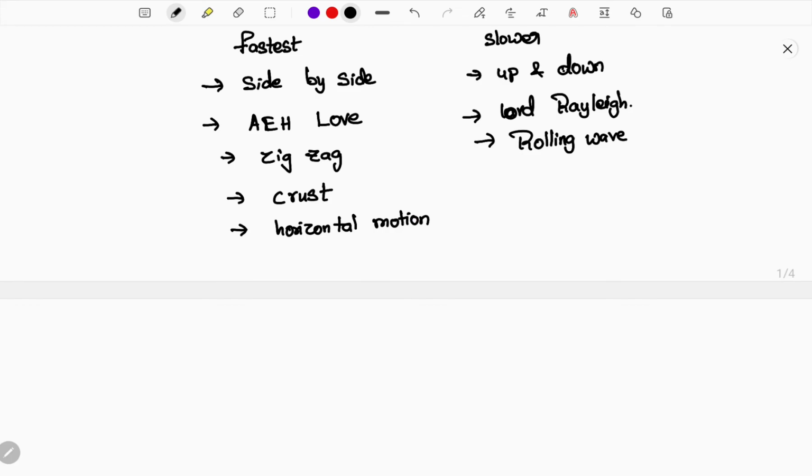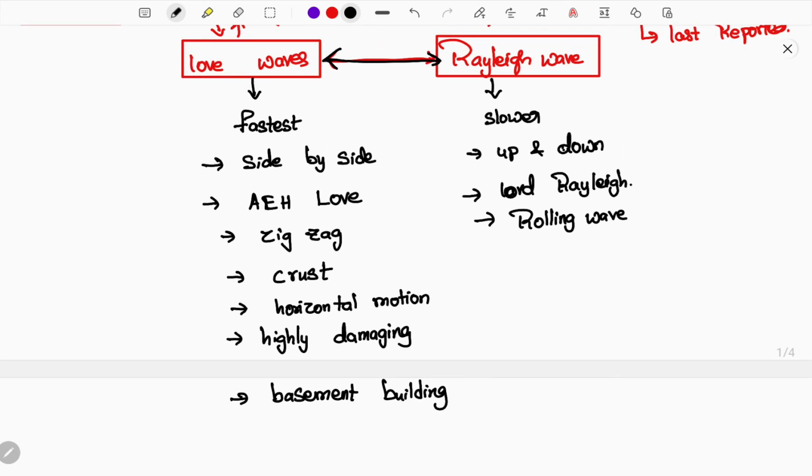These waves are also highly damaging, guys. Comparatively they are highly damaging, and they can badly damage the basement. The foundation of buildings is completely shaken by love waves. Such a great impact can be created by the waves.